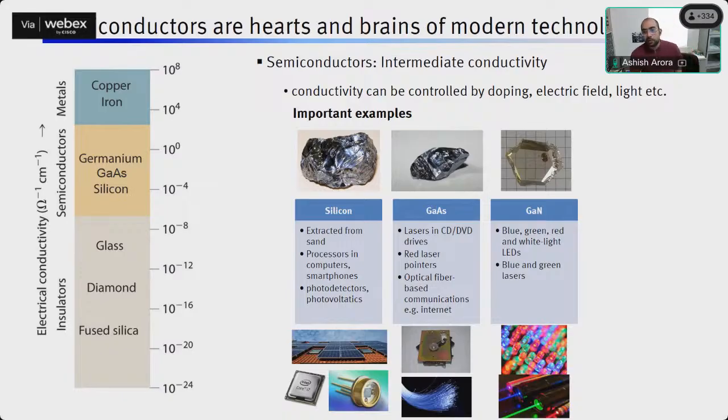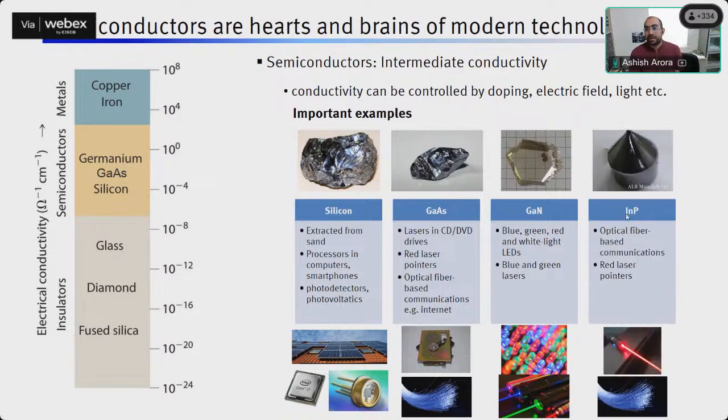But this has revolutionized the lighting world that we have today, and also lasers are created with this. And we know the story of Shuji Nakamura. If you are interested, please read the story of Shuji Nakamura, who received a Nobel Prize for creating gallium nitride.